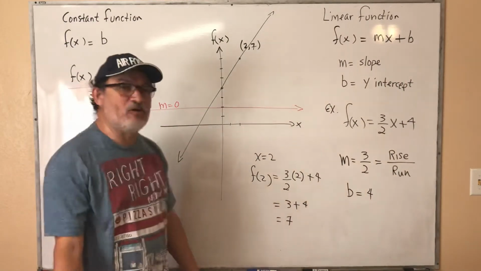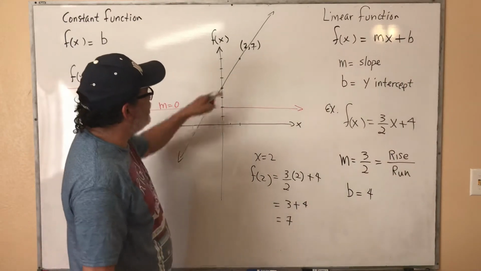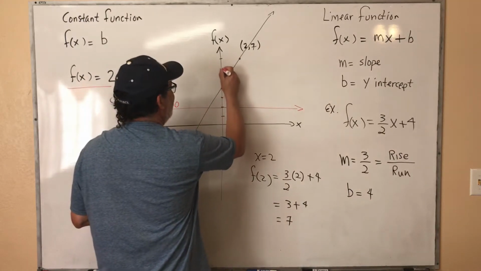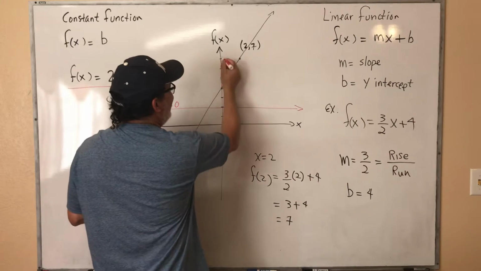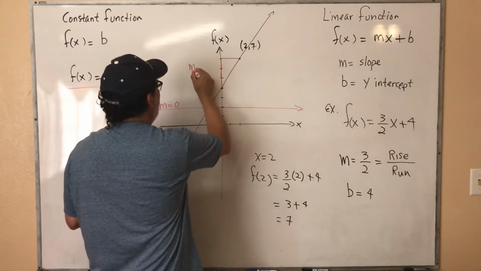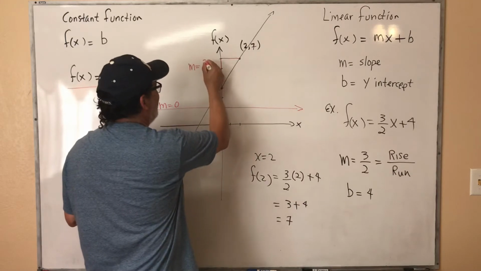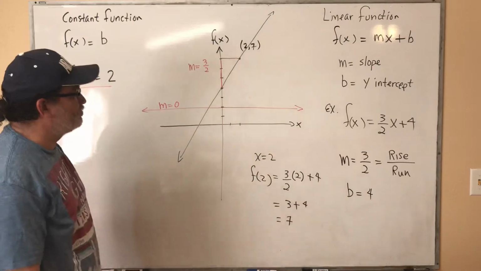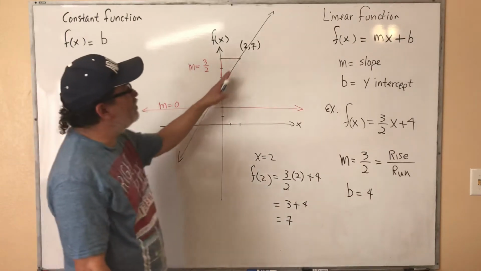Here I have 2 points. So look, I rise 3 and I run 2. And so the slope is 3 over 2. The slope for this graph.